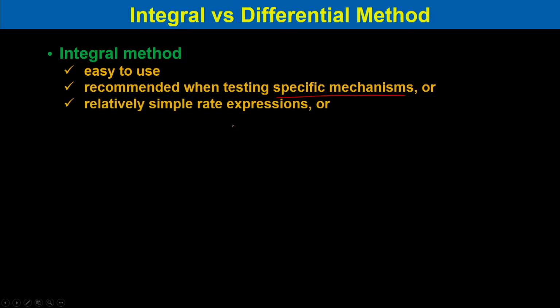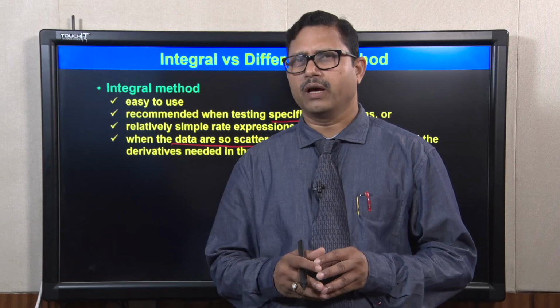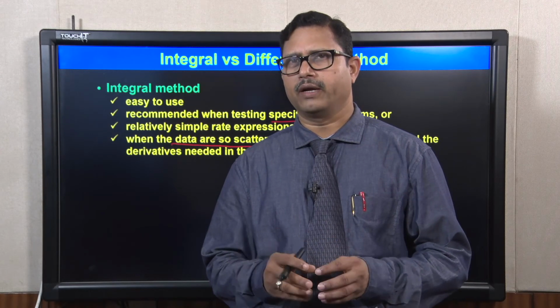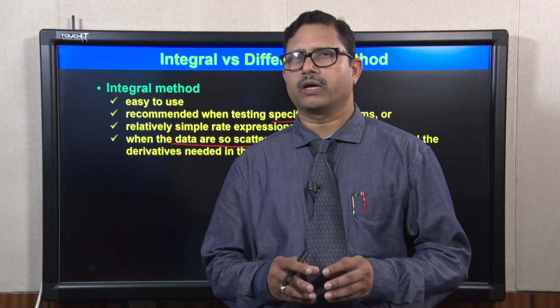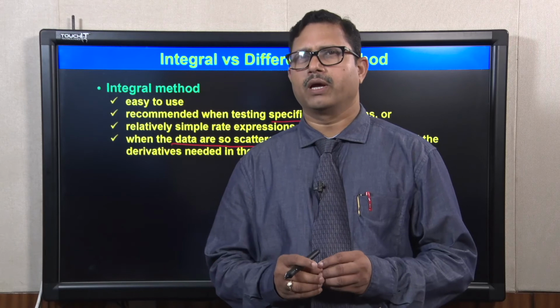It is useful for a relatively simple rate expression, or when the data are so scattered that we cannot reliably find the derivatives needed in the differential form. Kinetic experiments generally show large deviations, depending on the reactants and the rate of the reaction.